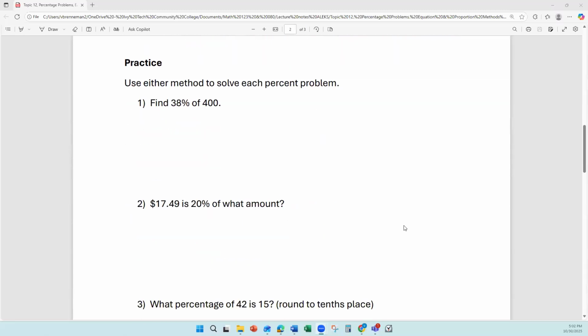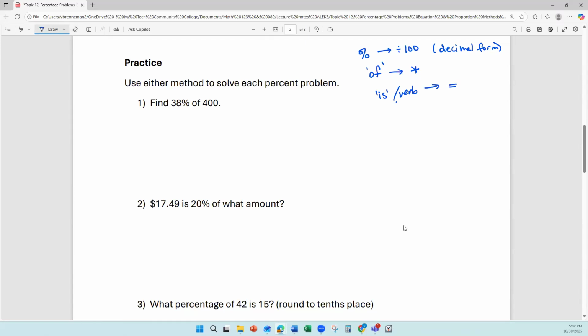So looking at this, 38% of 400. Equation method is that we are going to take where you see of, that becomes times. Percent, replace the divide by 100 or change to decimal form. And then is, or any other verb really, is where you would have the equals in an equation.